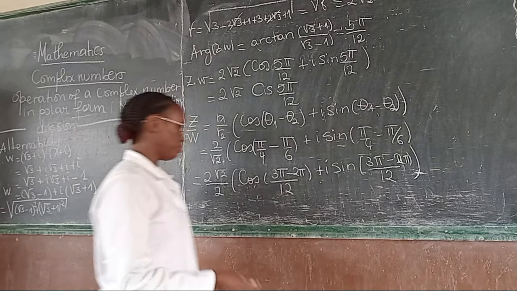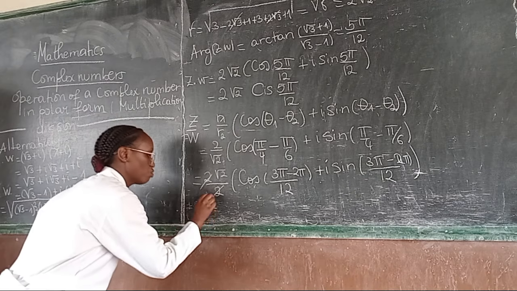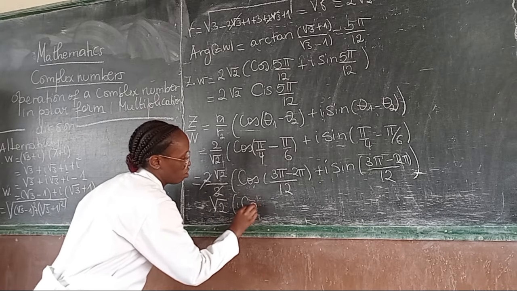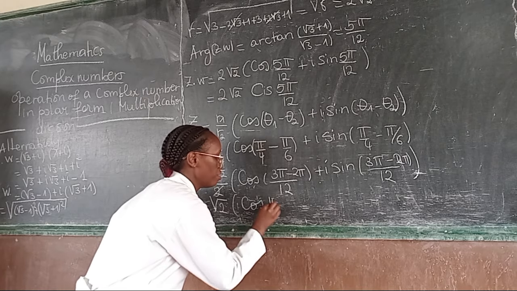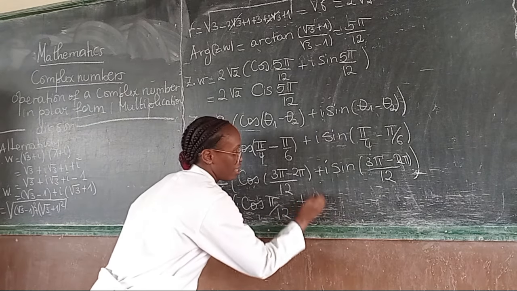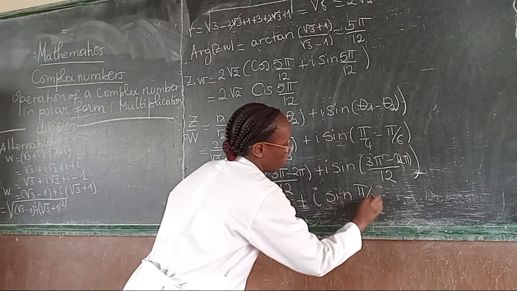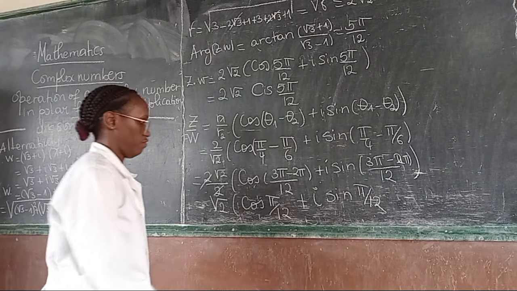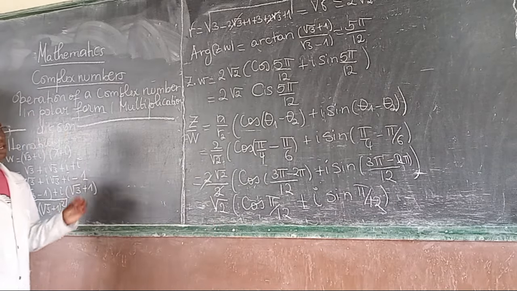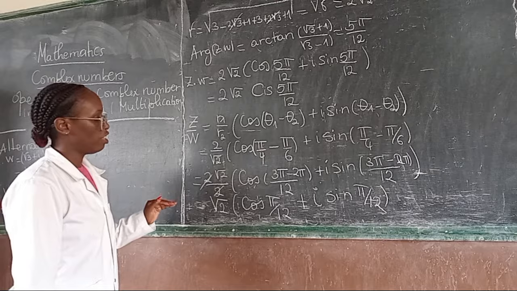So finally what we have is square root of 2 cosine pi over 12 plus I sine pi over 12. So that is how we did multiplication and division of complex numbers in polar form.